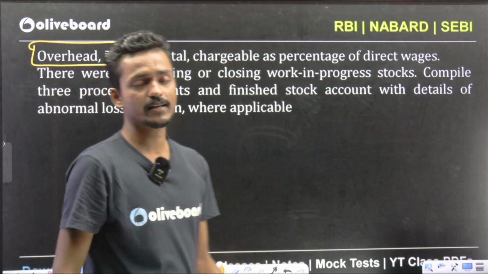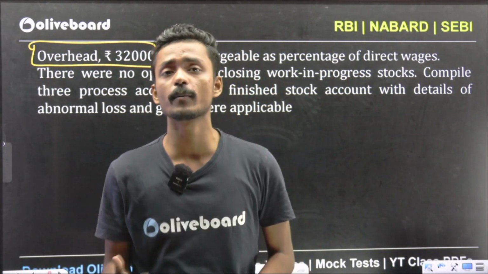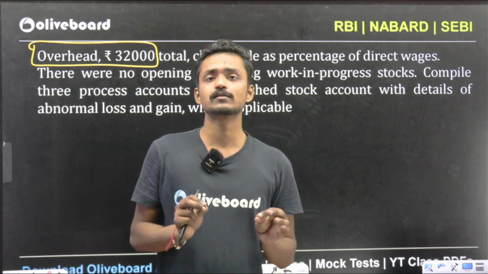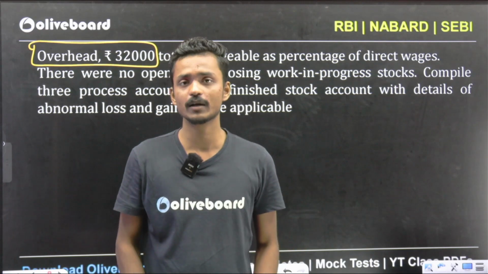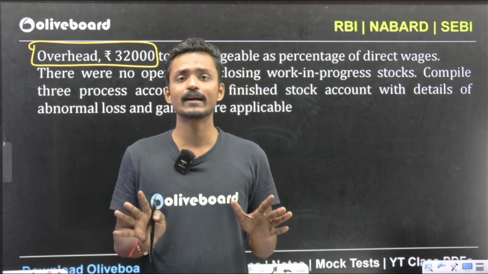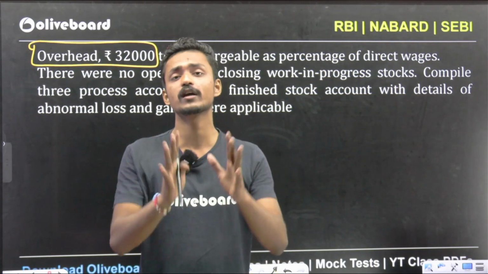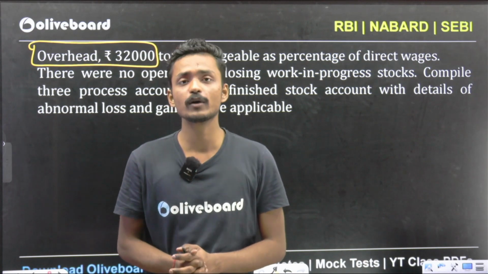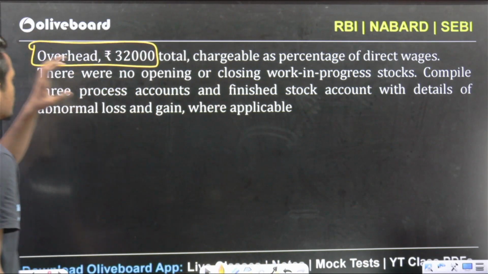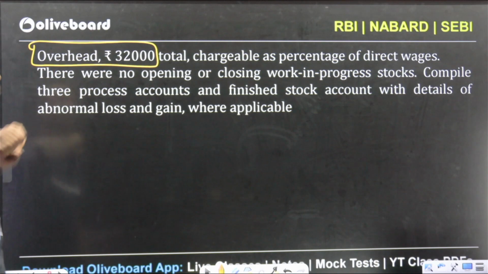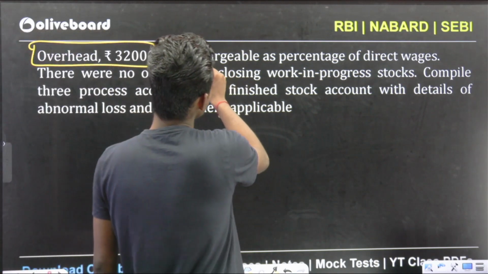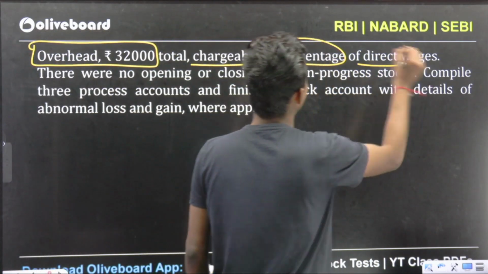Now the question arises, how will we apportion this overhead? Overhead is not part of your syllabus, but the concept of overhead and its apportionment is always mentioned in your question. So here we have the overhead of 32,000 that's chargeable as a percentage of direct wages.